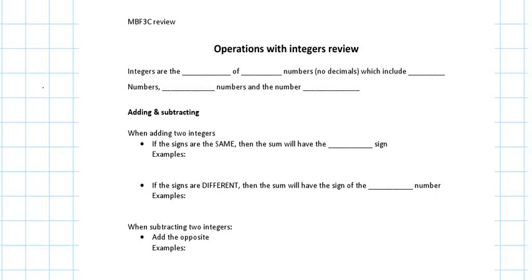So they are the set of whole numbers, so no decimals, which include positive numbers, negative numbers, and the number 0.